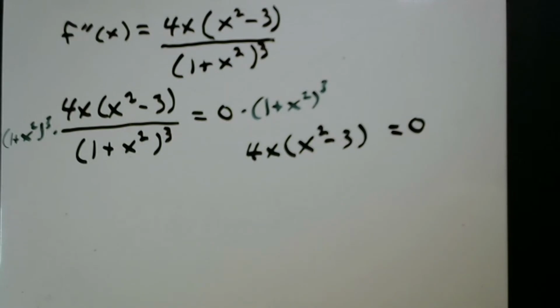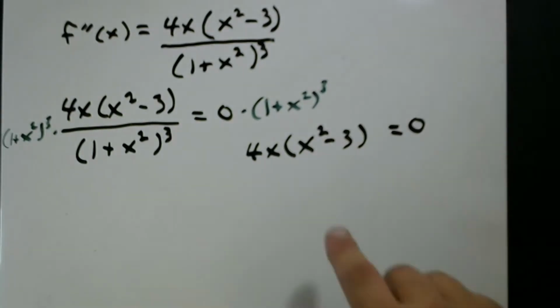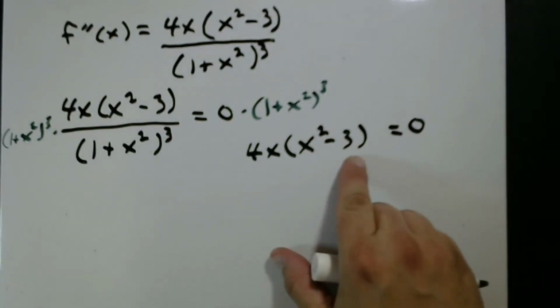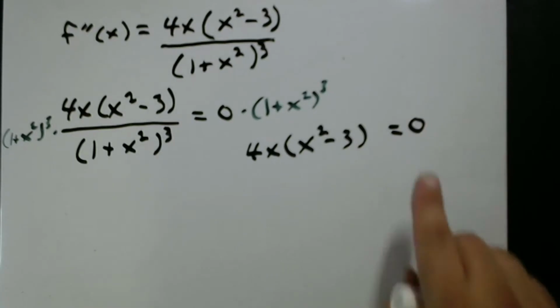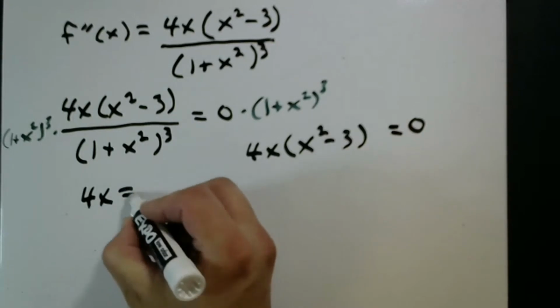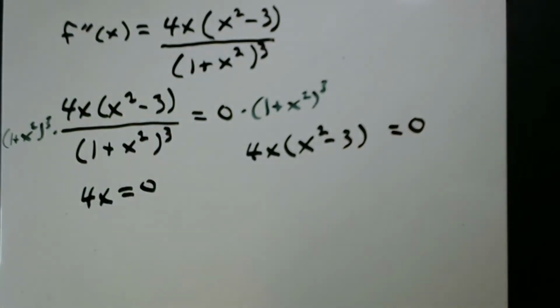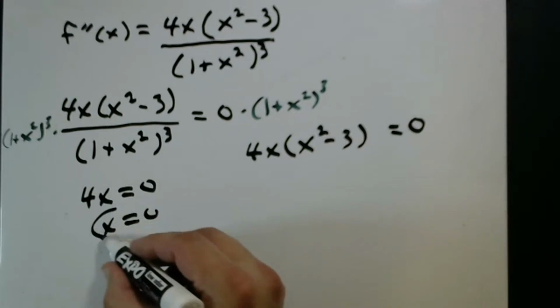Now this can be 0 in two situations. We can use our zero product property: when this is 0, or if this is 0, we get 0. So first off, if 4x is 0, we divide by 4 and we get x is equal to 0.